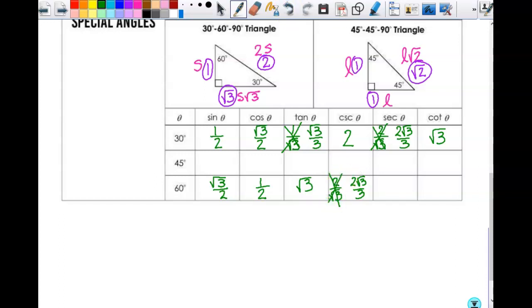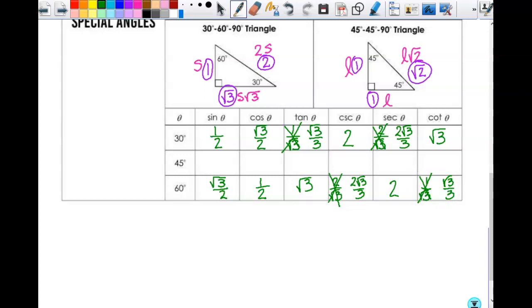So since sine and cosine have switched places in 30 and 60, then cosecant and secant do as well. That should make sense, right? And then the reciprocal of the square root of 3 is 1 over the square root of 3, which is square root of 3 over 3. Okay. Everybody okay with all that?